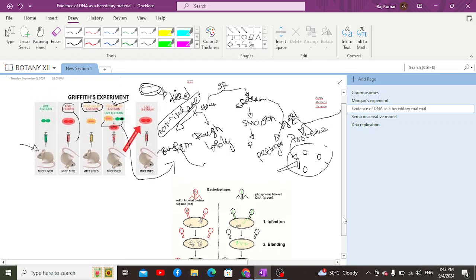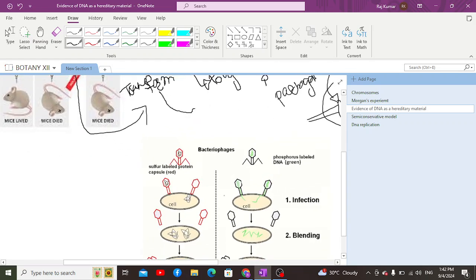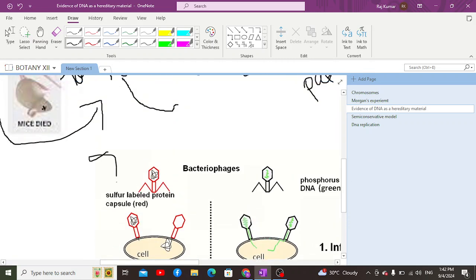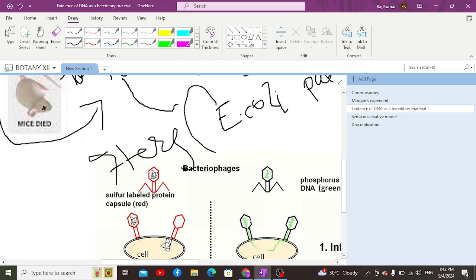Now, this experiment was further confirmed by another follow-up experiment performed by Hershey and Chase. They utilized the E. coli bacterium, and alongside that they utilized a bacteriophage.